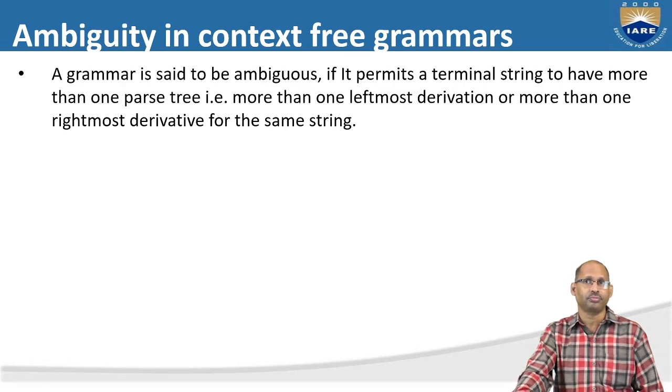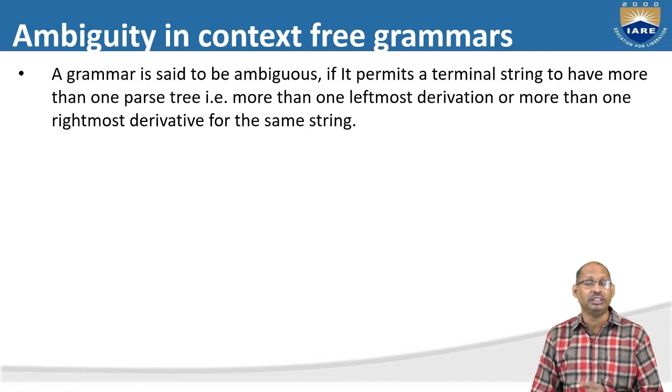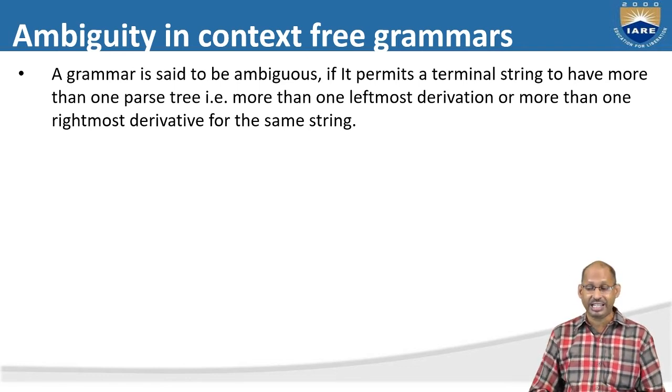So a grammar is said to be ambiguous if it permits a terminal string to have more than one parse tree. That is, more than one leftmost derivation or more than one rightmost derivation for the same string.